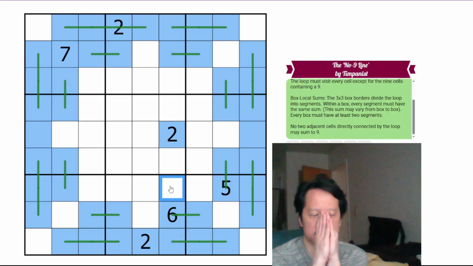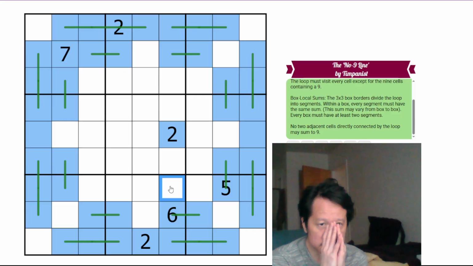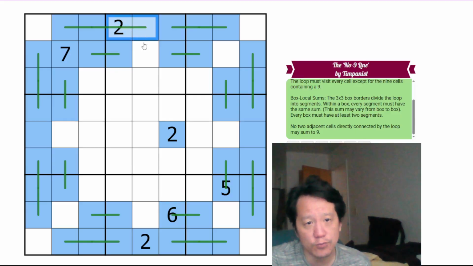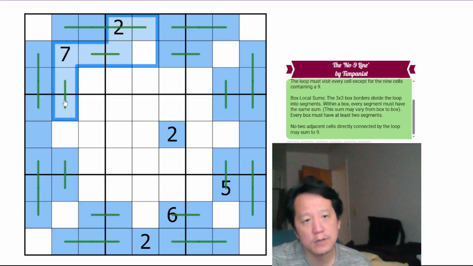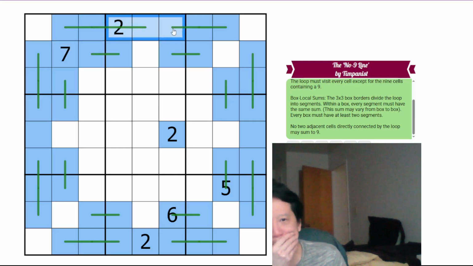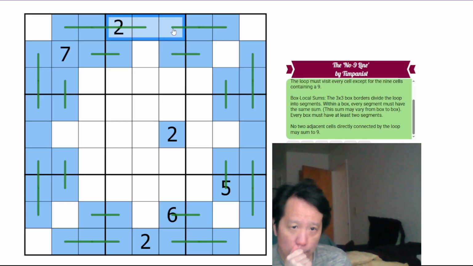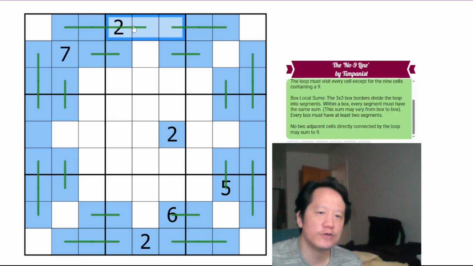Let's see. So you could do something like 4 here. That is possible. Or you could go straight through. You could go 4 this way.